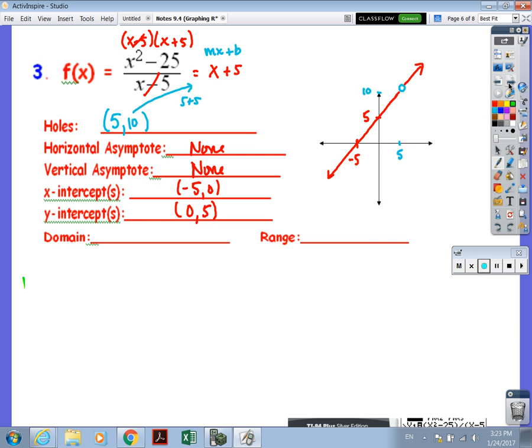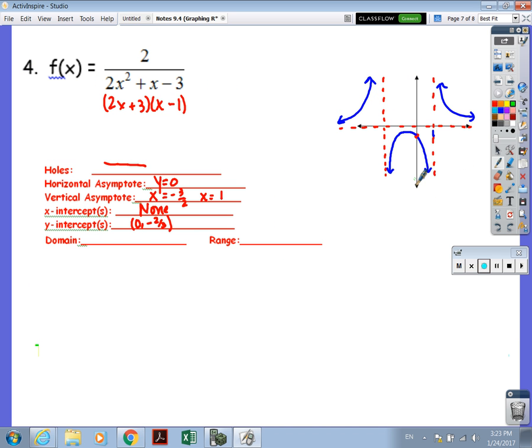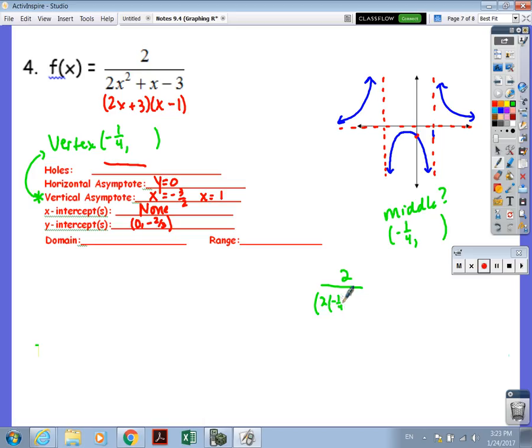On number 4, unfortunately, you don't have quite as clean a middle. What's in the middle of 1 and negative 1.5 is going to be negative 1/4. Now here's some math for you. Because I have two vertical asymptotes, I'm looking for this thing called a vertex, and I know that in the middle of those two asymptotes is negative 1/4. Oh goodness, if I have to plug that in, I'm going to use the factored form. 2 times negative 1/4 plus 3, that's 2x plus 3.